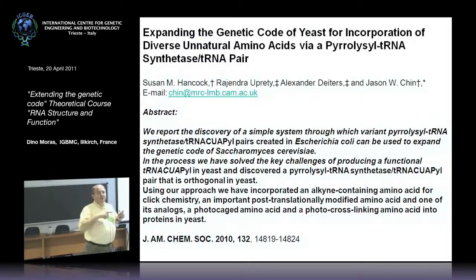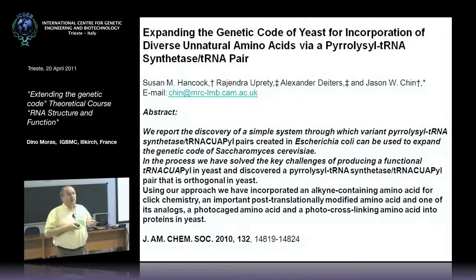Now we come to what I said before. In all the eukaryotes, ourselves, everything, we have 20 amino acids, 20 synthetases. That's it. But using bacteria or archaea is a source of diversification.